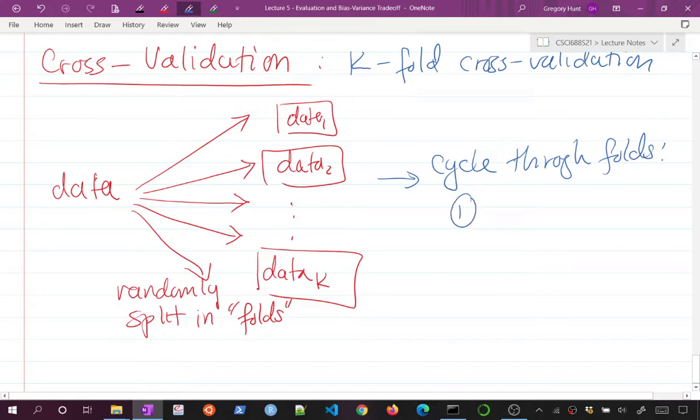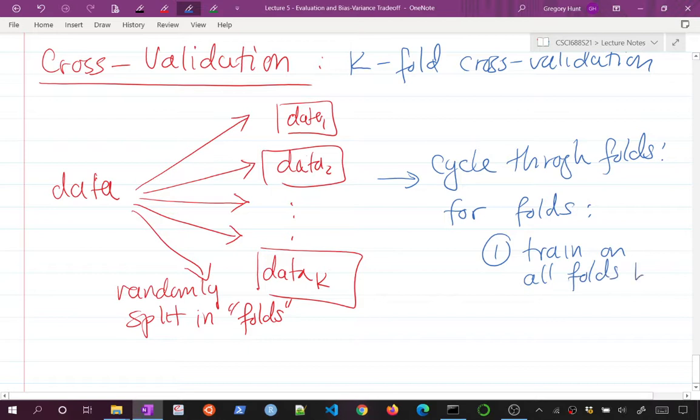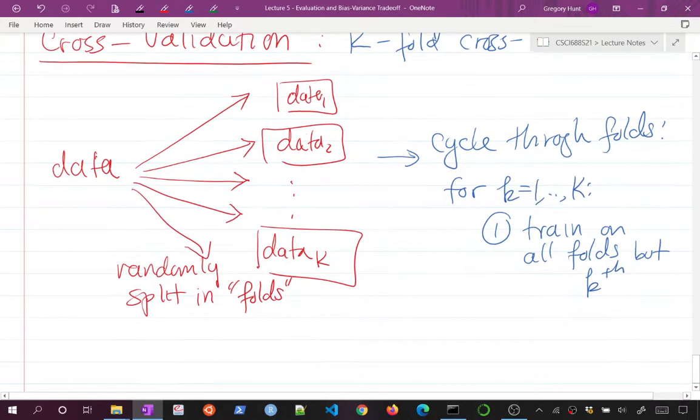So this is like a for loop. For k goes from 1 to capital K, which is how many folds I have, I'm going to train on all folds but the kth.